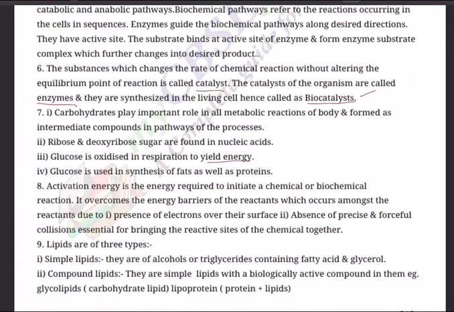Glucose is oxidized during respiration to yield energy. Already we said oxidation of one glucose molecule will fetch us 36 ATP molecules. So very, very important. Without glucose, we will not have energy. Glucose is used in synthesis of fats as well as proteins.